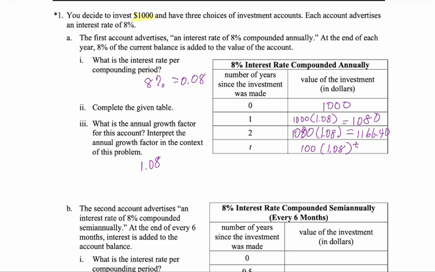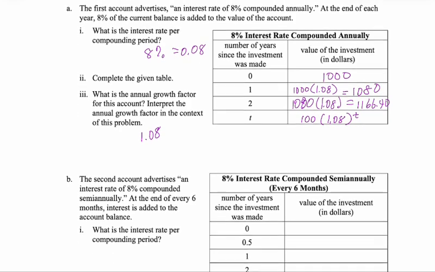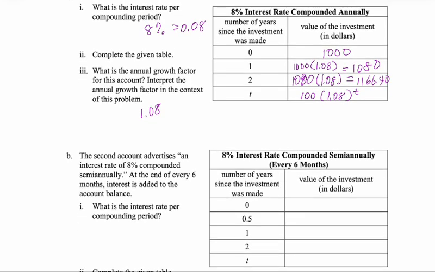Okay. Now it changes if the terms of our account change. So if they say that we're getting 8% interest compounded semi-annually, every 6 months, it's different. So we still have at time 0 $1,000, but this time at 6 months, half a year, our yearly interest rate of 8% gets cut in half.